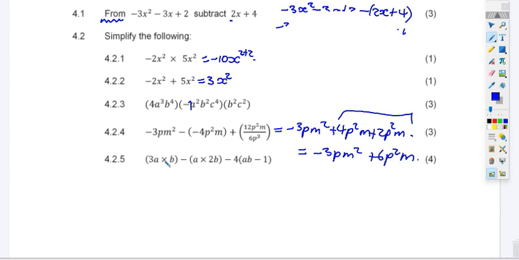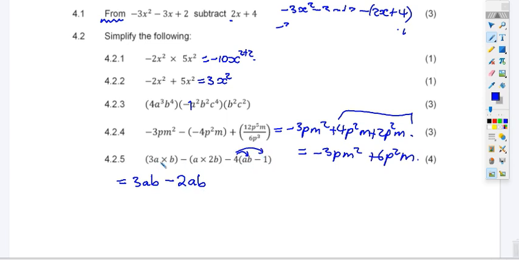And the last one, if you can simplify what is inside the brackets, simplify it. We have 3a times b. We can simplify that bracket to get 3ab minus a times this is 2ab. And then here we have distribution there because there are two terms inside.